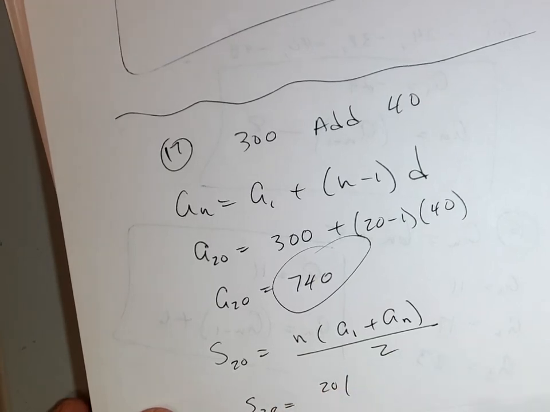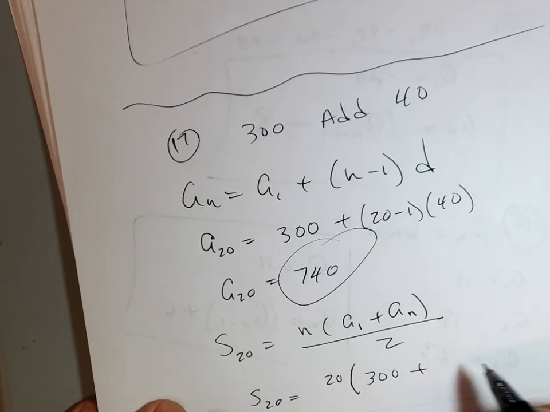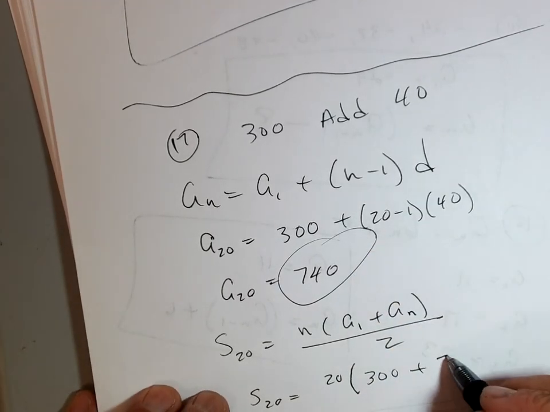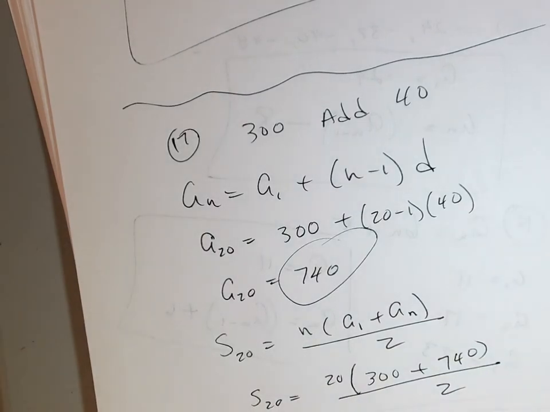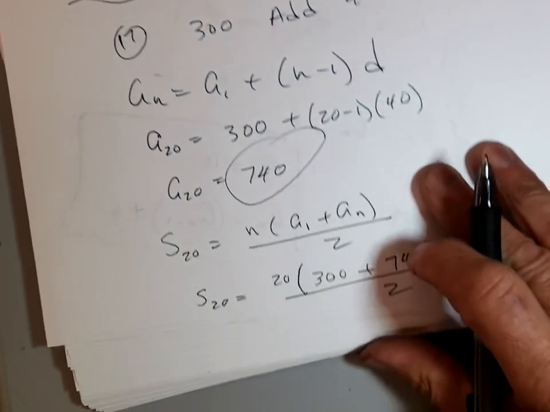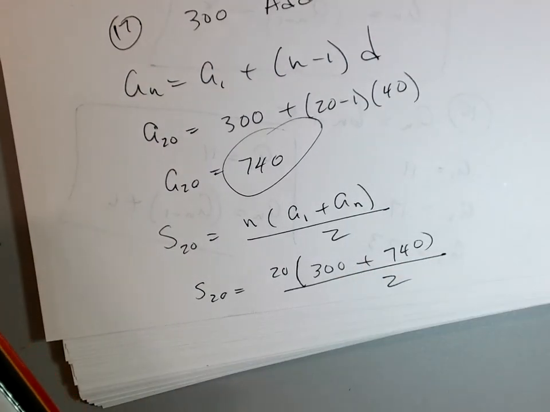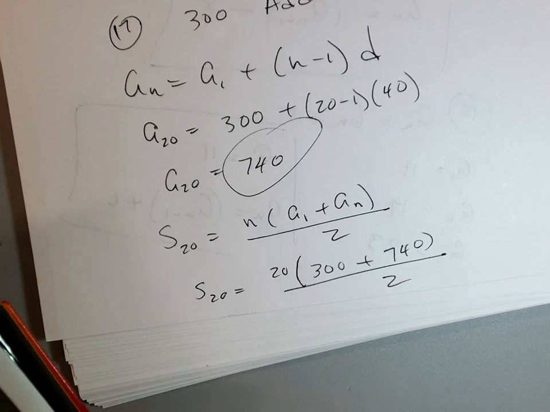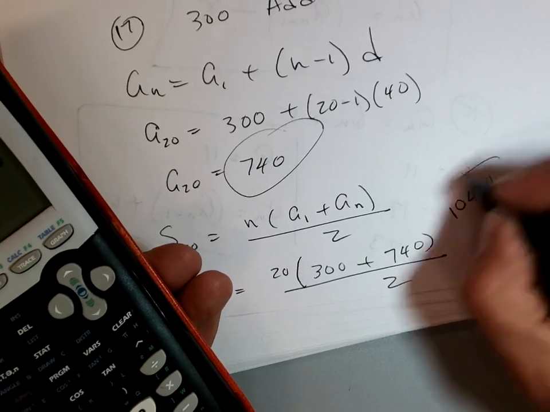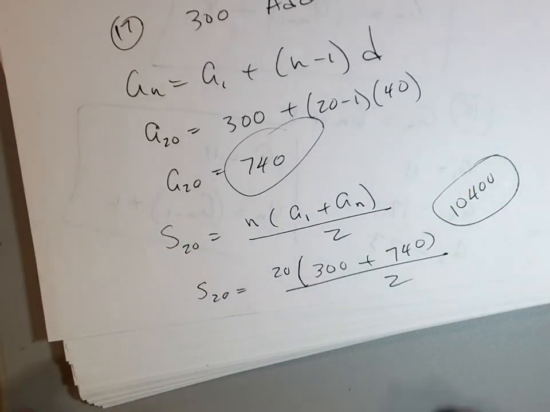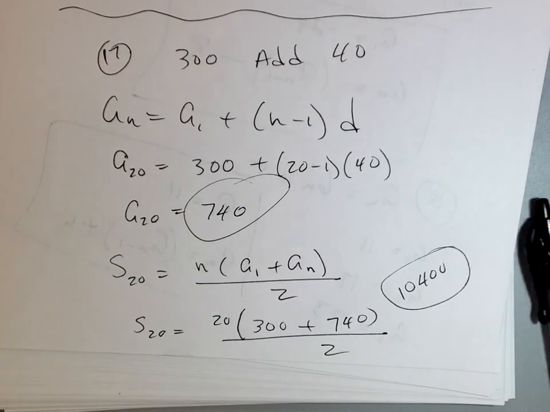What's my first term? 300. That's my first deposit. What's my last deposit? Divided by 2. Use a calculator. 20 times 300 plus the last deposit, divided by 2, and I get an answer. And I am done.